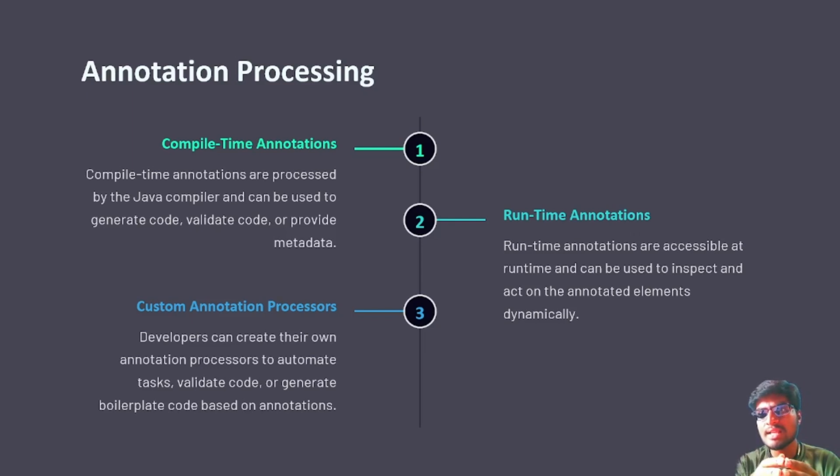Runtime annotations are accessible at runtime and can be used to inspect and act on the annotated elements dynamically. Custom annotation processors: developers can create their own annotations and processors to automate tasks, validate code or generate boilerplate code based on the annotations.